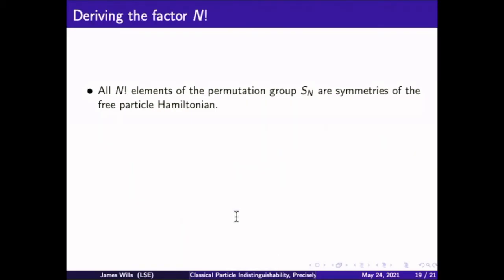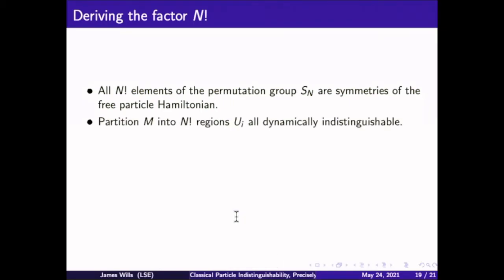Now, with this formalism in place, I can finally get to the second punchline, which is how to derive this overcounting factor. And there are quite a few assumptions that go into this argument, so bear with me. First, we're going to assume that we're working with the free particle Hamiltonian. Now, all N factorial elements of the permutation group are symmetries of the free particle Hamiltonian.